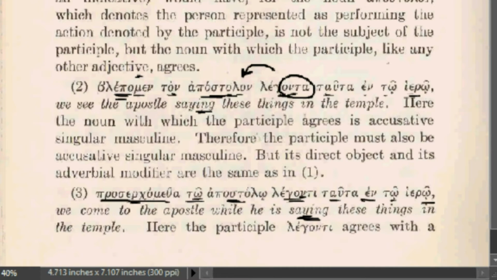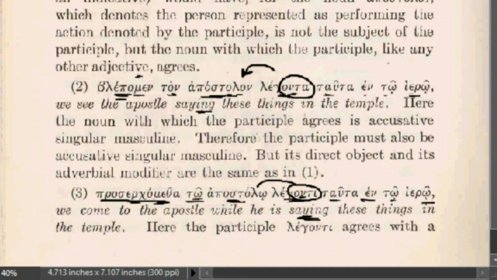Now the question is, who is doing the saying these things in the temple? Well, it could be we. We is the subject of the sentence. We come to the apostle. We could translate it, we saying these things in the temple come to the apostle. But of course that's not correct, because I notice the ending here is the dative ending, and therefore has to go with the word that's in the dative case, namely to apostolo.